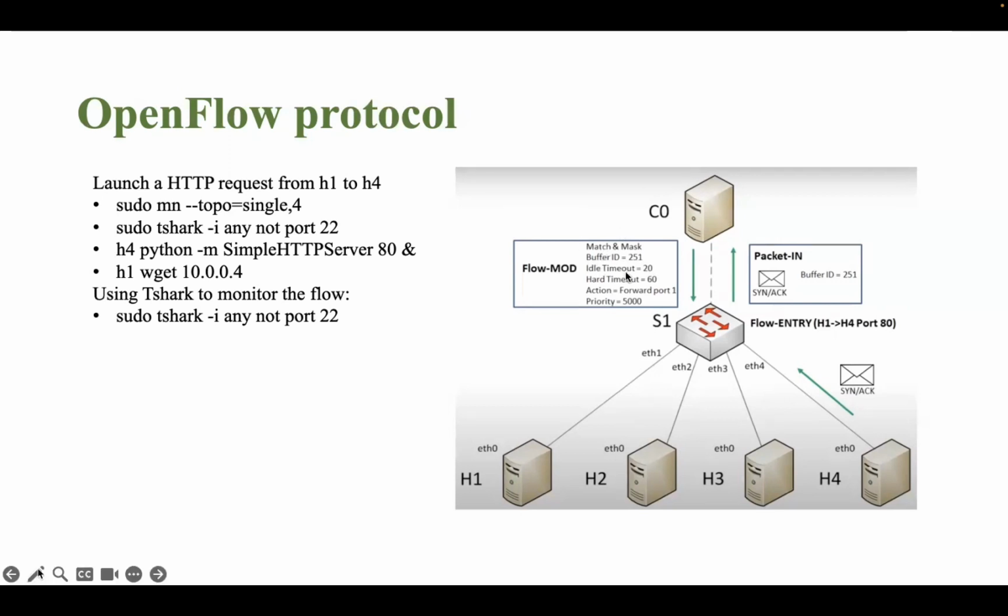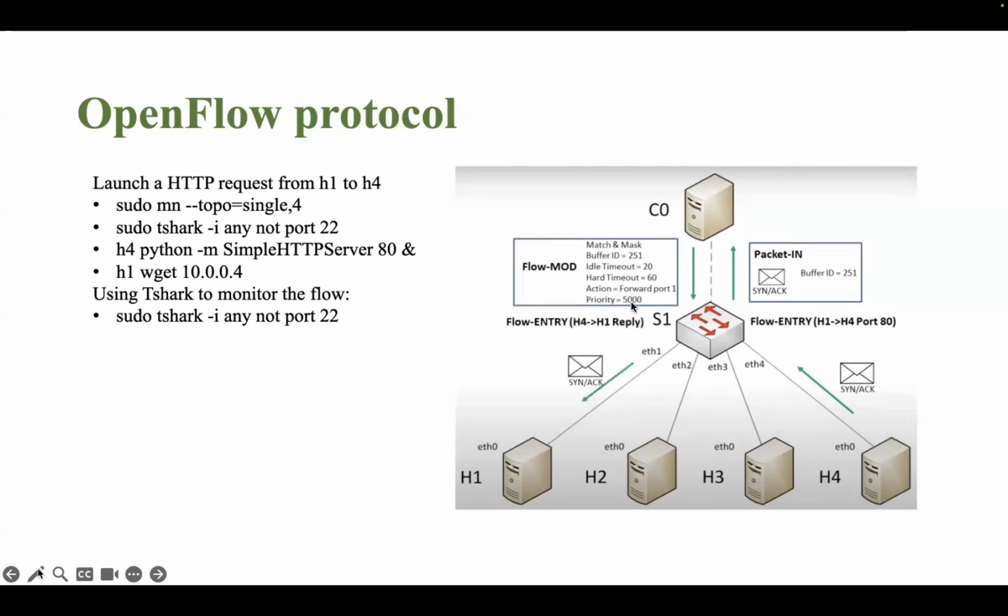And also here are two timeouts, the action for the flow entry, and also the priority. So after receiving the flow modification message, the switch will install the rules in the switch, so the switch will know what to do with the SYN ACK message and forward it to port 1 to H1.